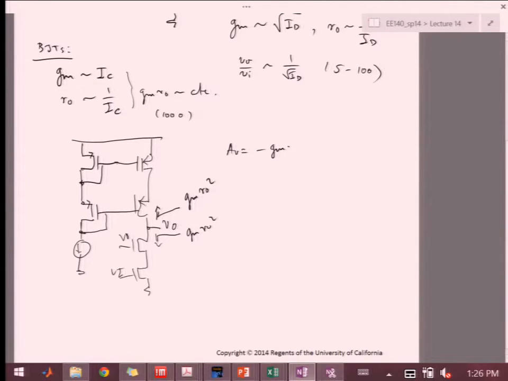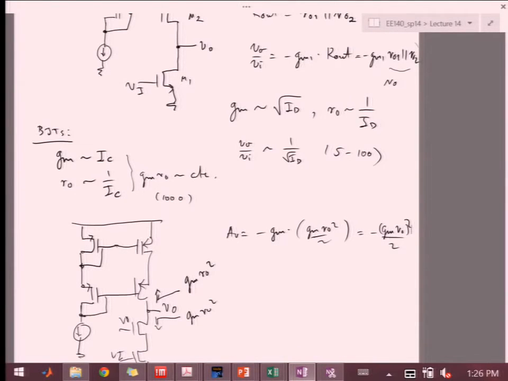Well, minus GM times this, right, which is GM RO squared, approximately over 2, if these two are the same, right? Okay. So now this topology is getting us approximately a square of the gain, that we halved, but I mean this doesn't really matter. It's a small factor. It's approximately squaring the kind of gain we can achieve from the single stage.